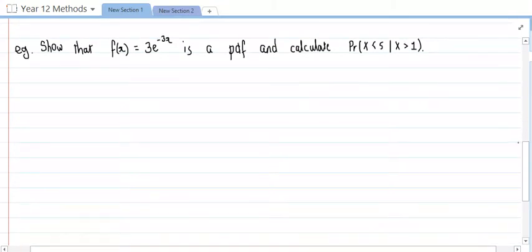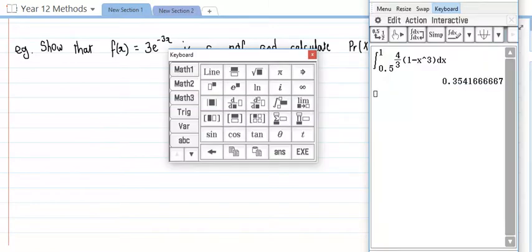Show that that is a probability density function and calculate that mess. Righto. So first things first, I'm going to see that the graph is always above the x-axis. So I'm just going to type in y equals 3e to the power of negative 3x, and I'm going to graph it.